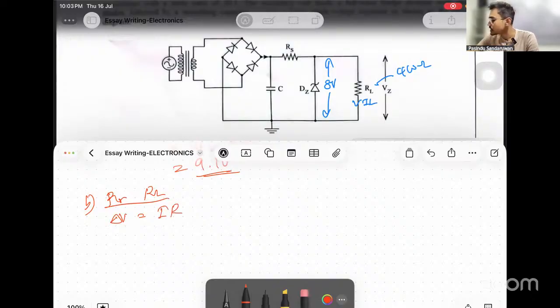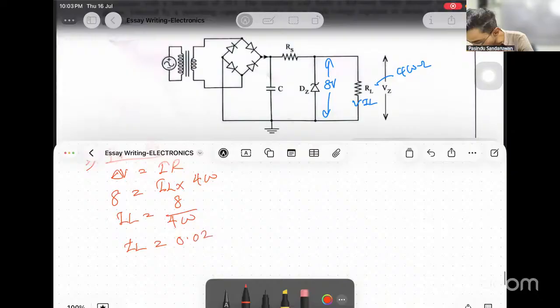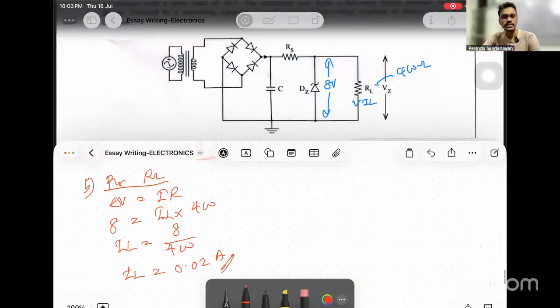Delta V is 8, we need IL, R is 400. Then IL is 8 over 400, which means 0.02 amperes. Simple as that.